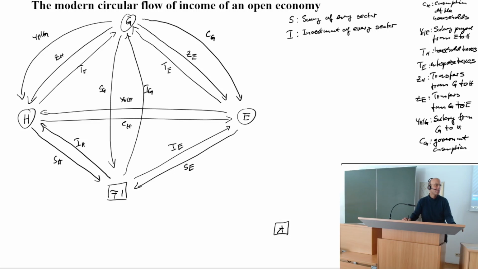But we will keep, as I told you, this as simple as possible. And so we say, well, we get some money as the household sector from abroad, and we also put money abroad. And then we calculate all this together, and then we will see that we will have a net transfer or a net deficit.